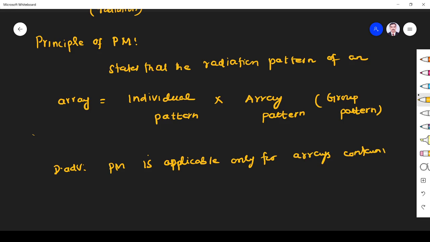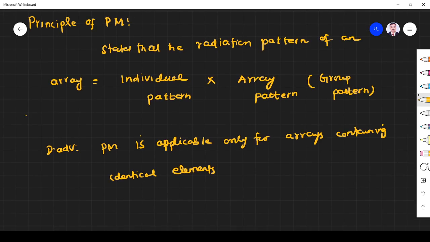That is very, very important. That means if your array contains 100 HCN dipole antennas, all 100 elements should be the same. All 100 should be either HCN dipole, parabolic or something like that. All the elements should be the same. Otherwise, you cannot use the pattern multiplication concept.